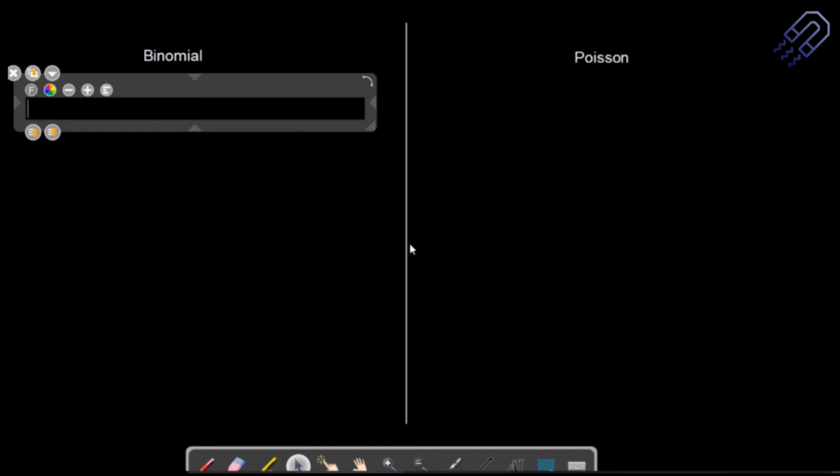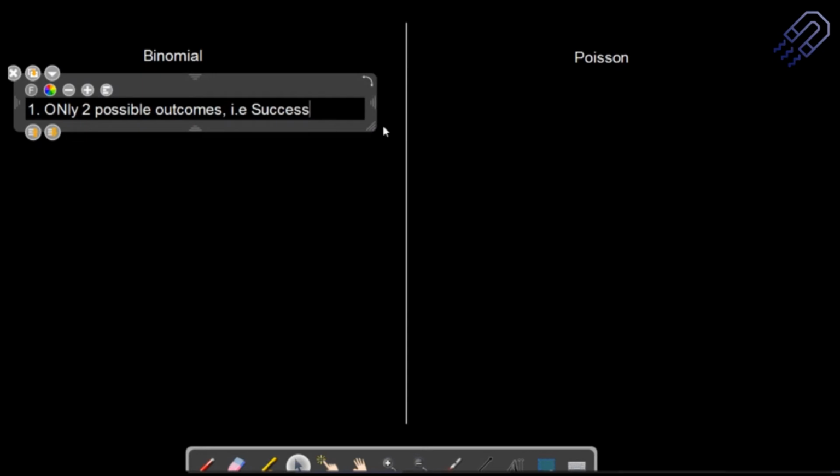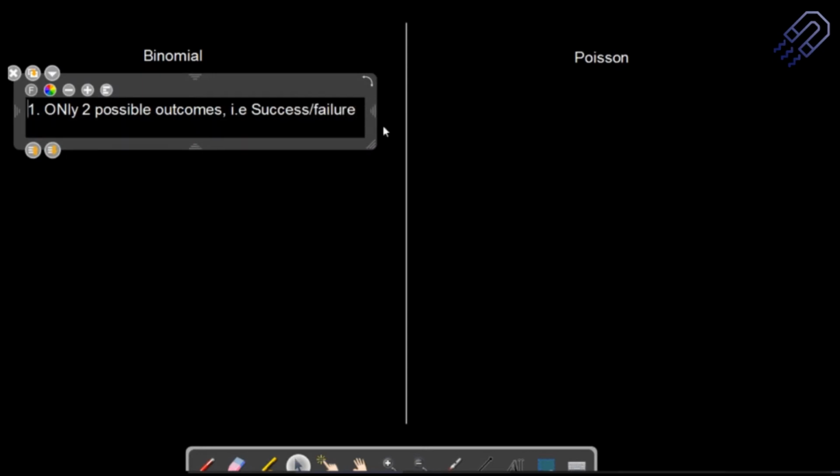Number one, only two possible outcomes. Basically you can either have success or you can have failure. These are the only two possible outcomes in binomial distribution.